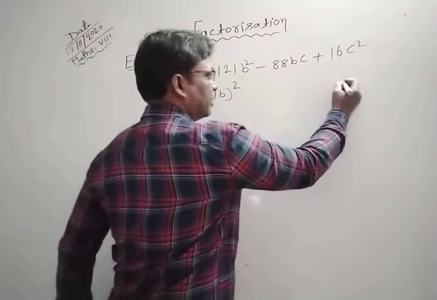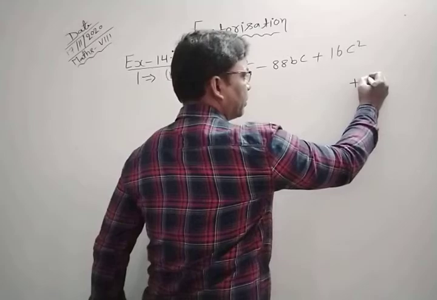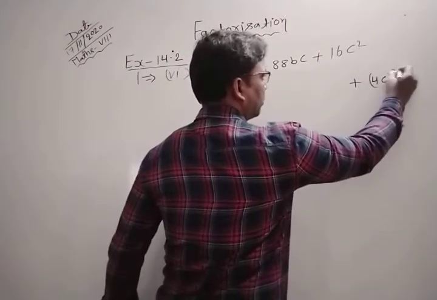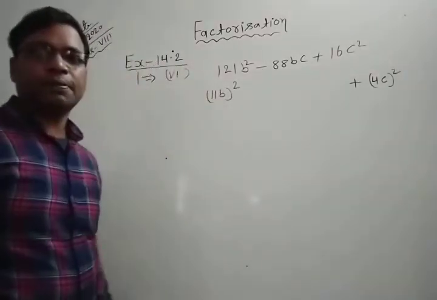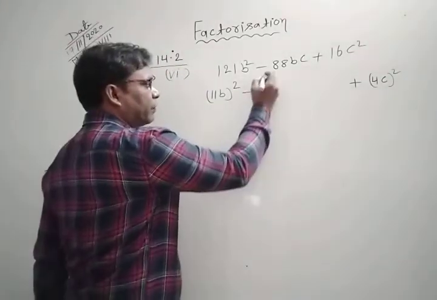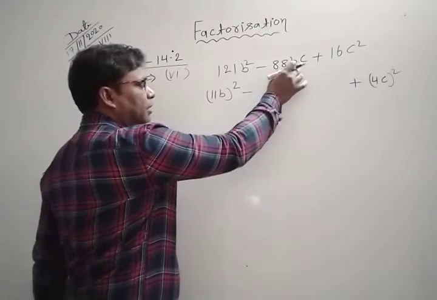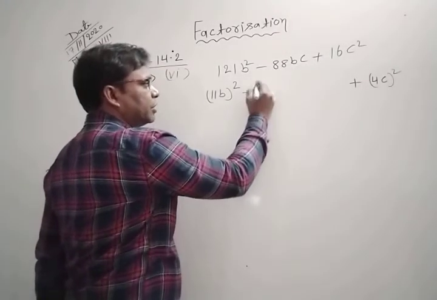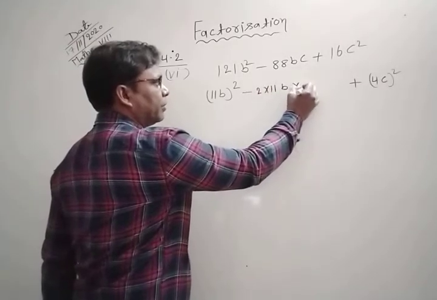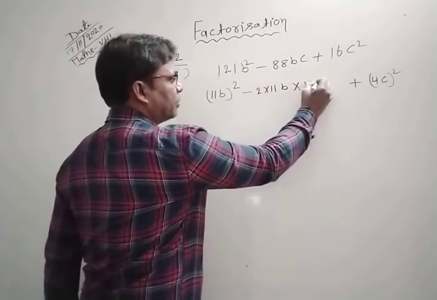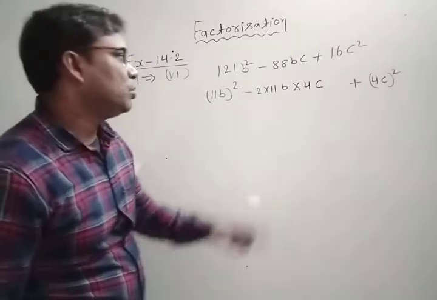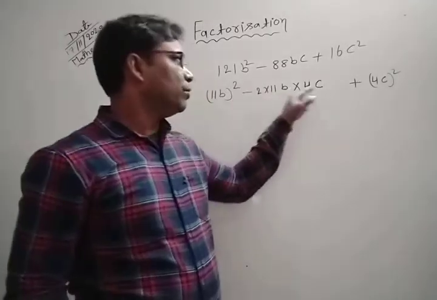Also we can write this as the whole square of 4c. So here you can write 88bc, which is equal to 2 into 11b into 4c. 2 into 11 is 22, 22 into 4 is 88, into bc.